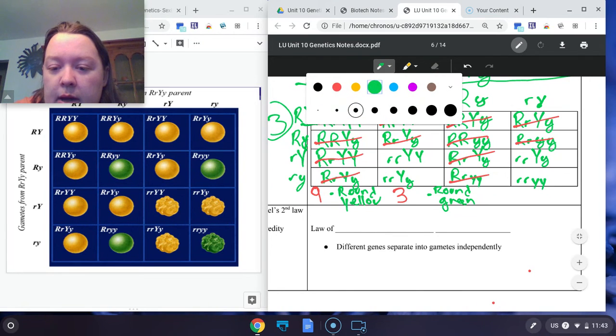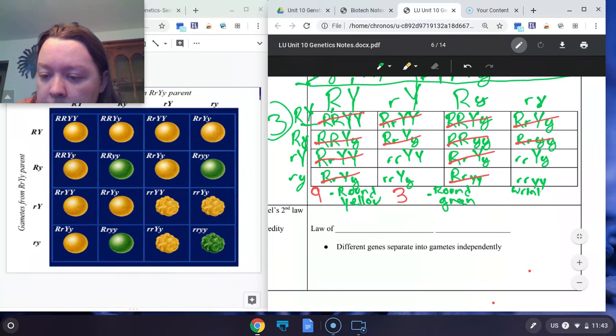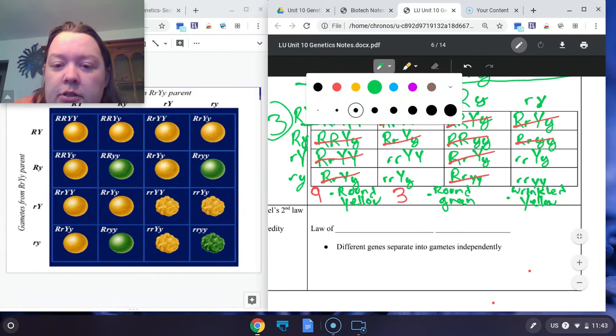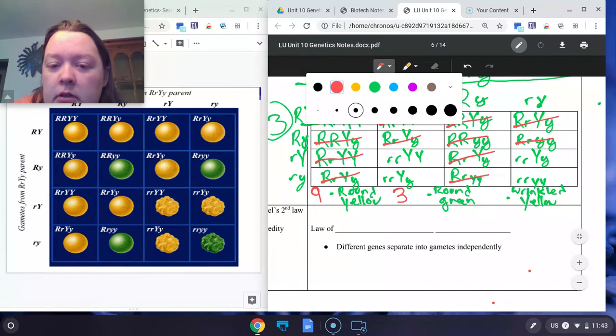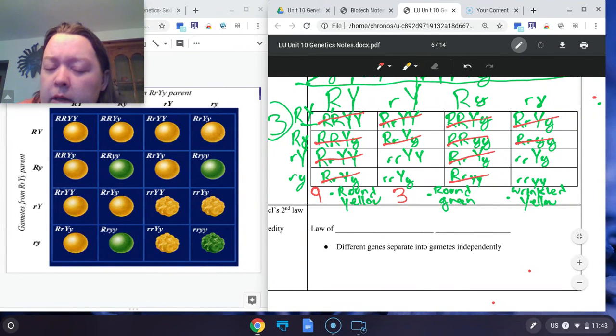All right, now what about wrinkled and yellow? Well, I know that wrinkled means that I have little r, so I'm looking for little r with a big Y. And I have 1, 2, 3.